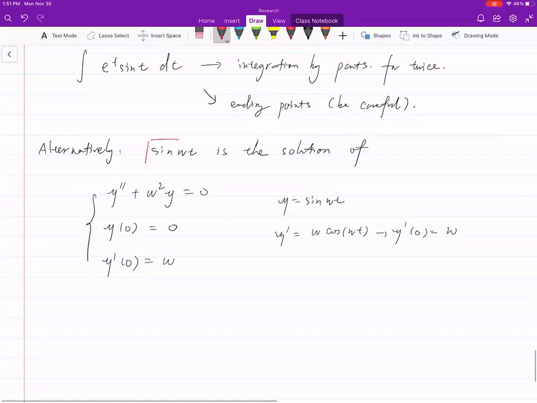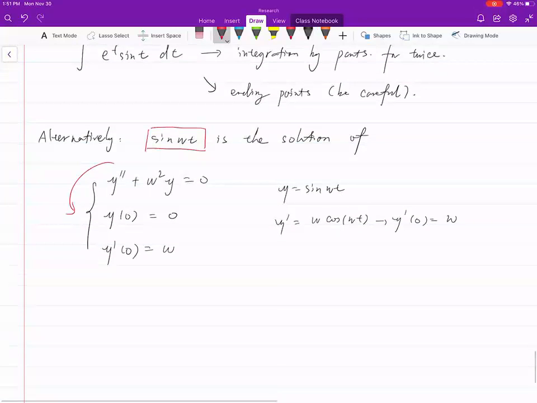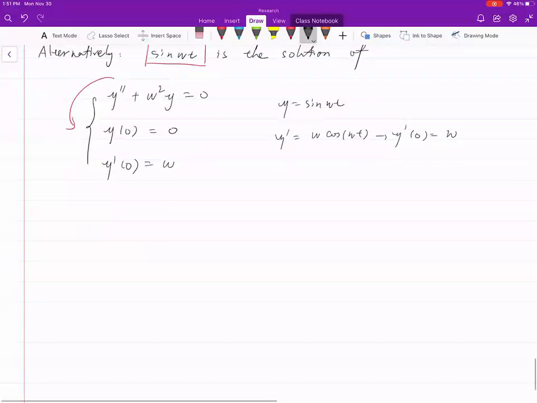So sine omega t is a solution of this. That means if you Laplace transform the whole thing here, you should get the Laplace transform of sine omega t. Let's go ahead and do it. Step 1.